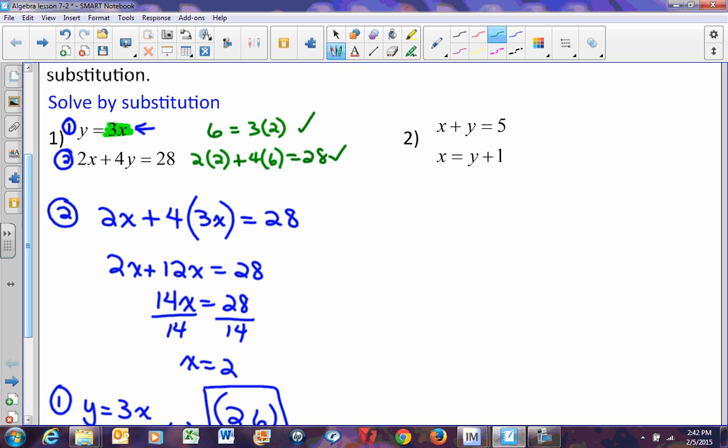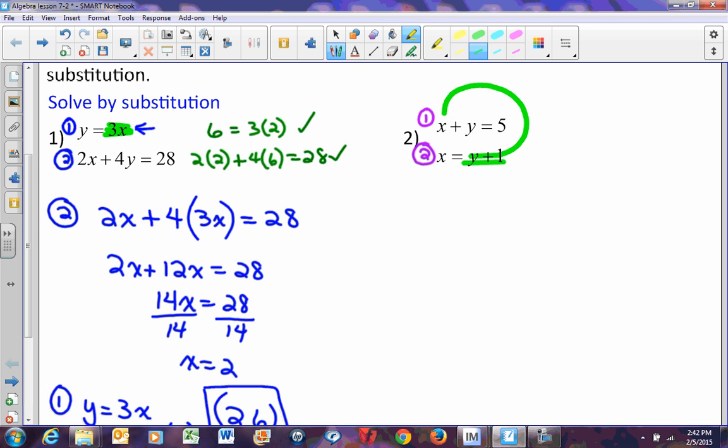Let's look at problem number 2 here. We have two equations again, equation 1 and equation 2. Equation 1 is not solved for a single variable, but equation 2 is. Equation 2 already has x equals y plus 1, which means every time I see an x in equation 1, I'm going to replace it with y plus 1.